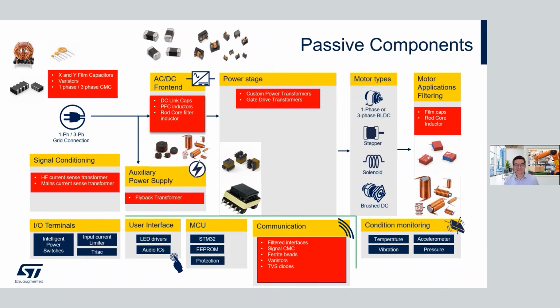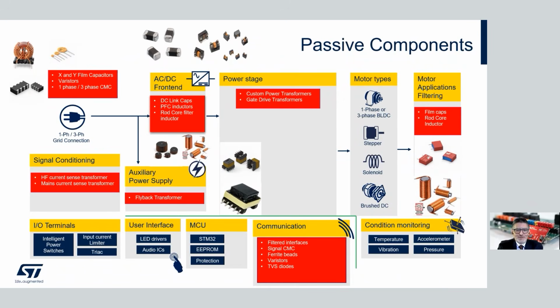I guess that's over to me now, Andreas. So from a Würth point of view, on that same reference design or application, we have a wide range of products that can support the various functionality that Andreas has kindly explained for this reference design.